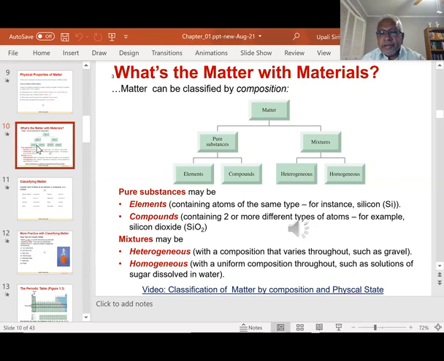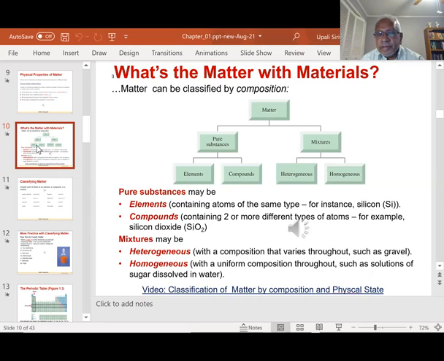Mixtures are mixtures of elements with different elements, or compounds with elements, or various combinations of elements and compounds. Mixtures are more complex than pure substances. They have different pure substances. Water and sodium chloride is a mixture. It could be homogeneous or heterogeneous.